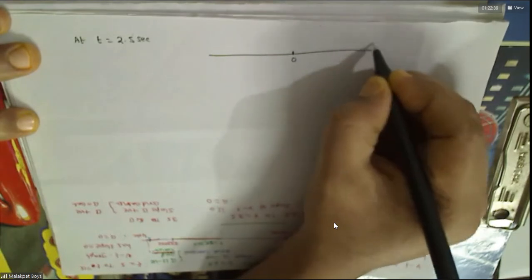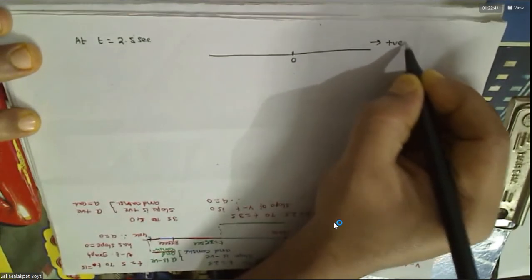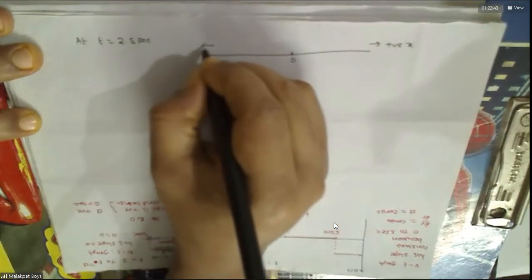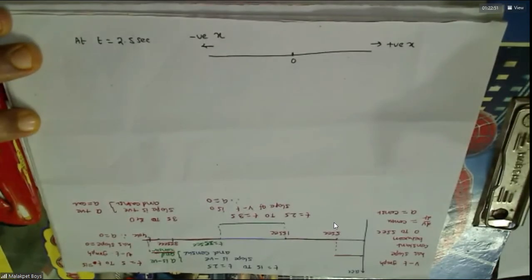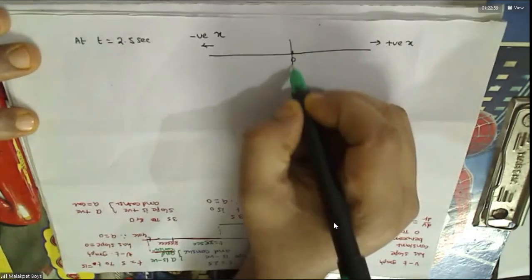This is the positive x, this is the negative x. The particle is only on the positive side now. What is the position of that? The particle is located on the positive side.